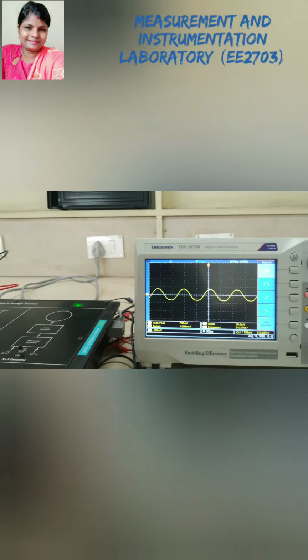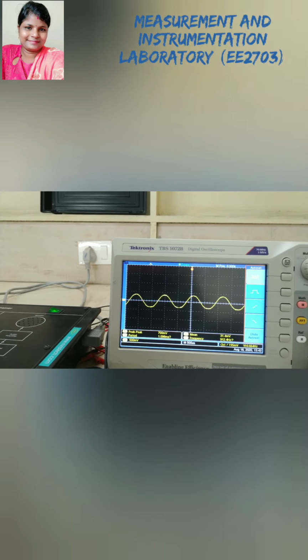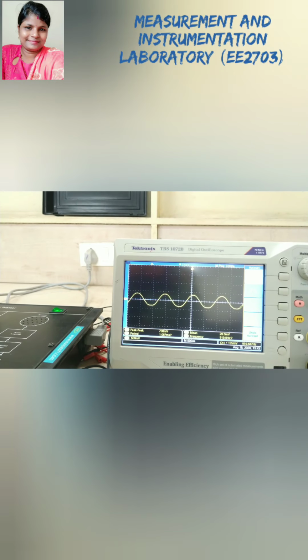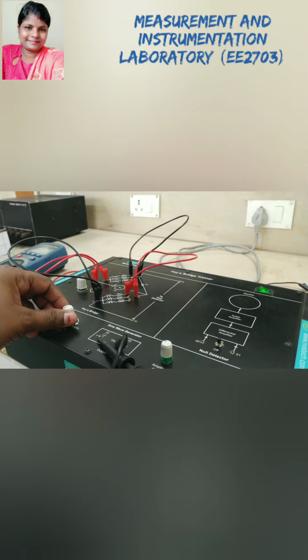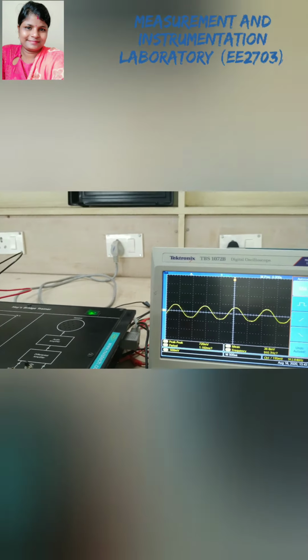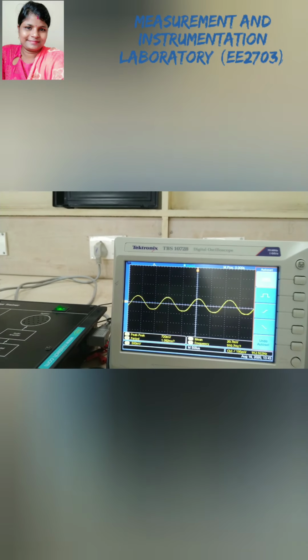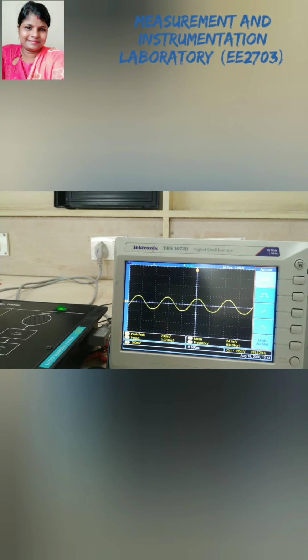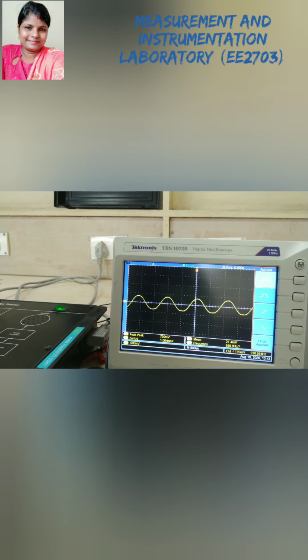Then vary the frequency control from minimum to 2 kilohertz. Set frequency 2 kilohertz.